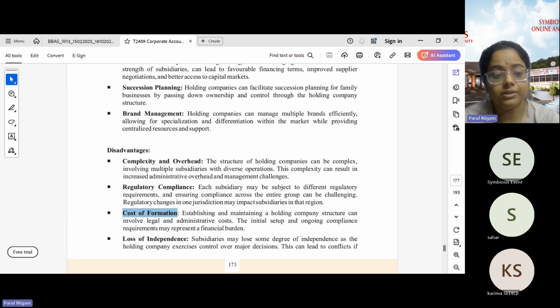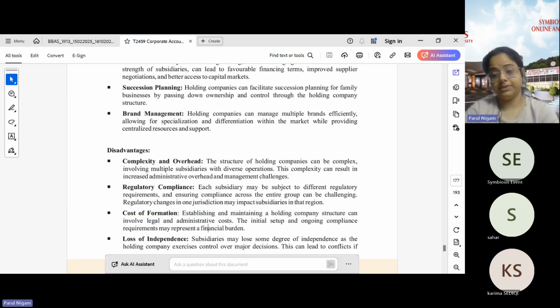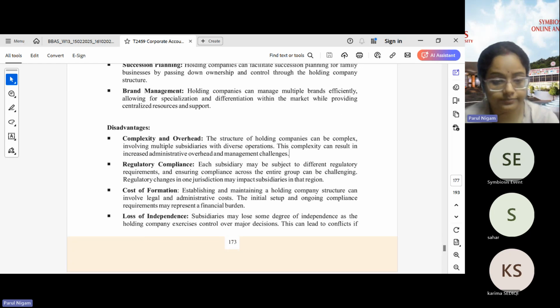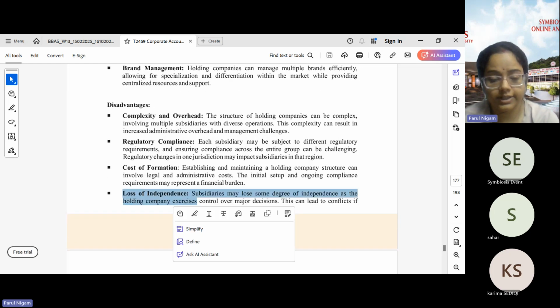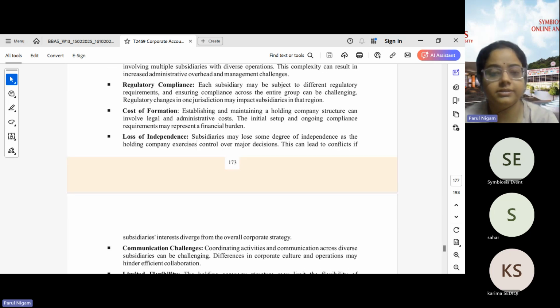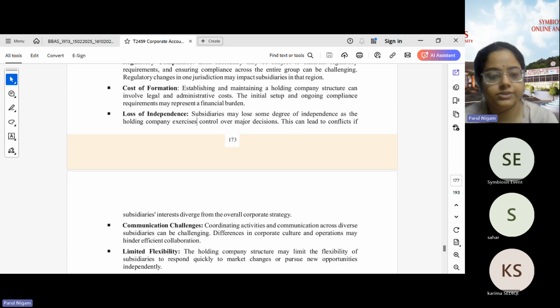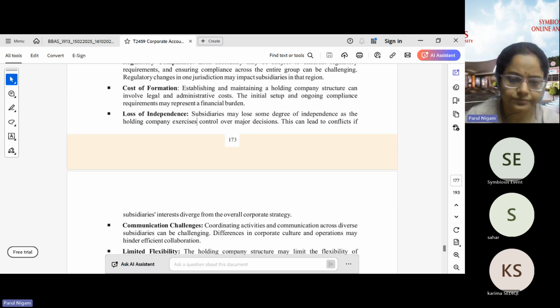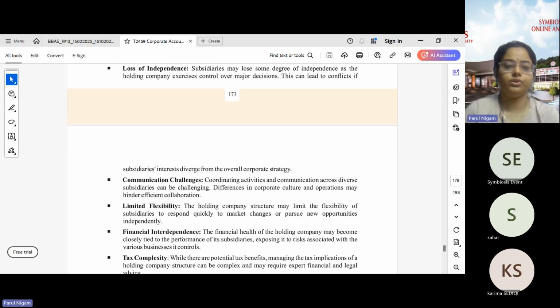Fine. Then cost of formation. So yes, establishing and maintaining a holding company structure can involve legal and administrative costs. Okay. Then loss of independence also, because subsidiaries will lose some degree of independence as the holding company exercises control over major decisions. So this can lead to conflicts if subsidiaries' interests diverge from the overall corporate strategy.